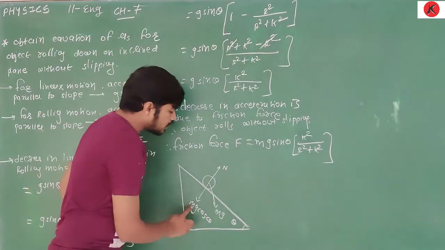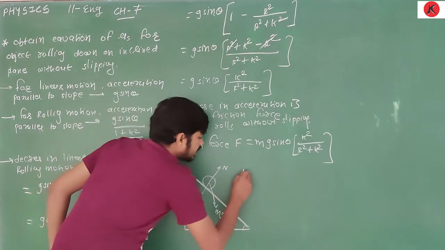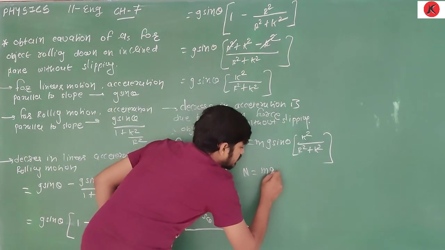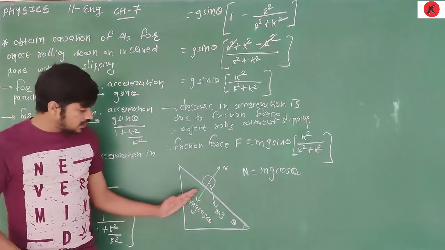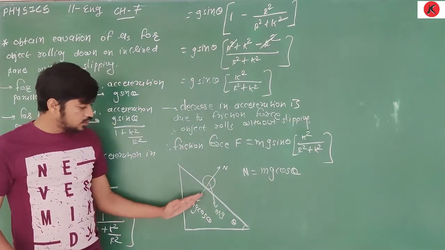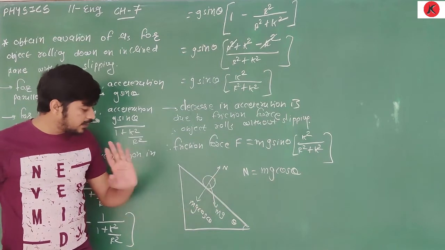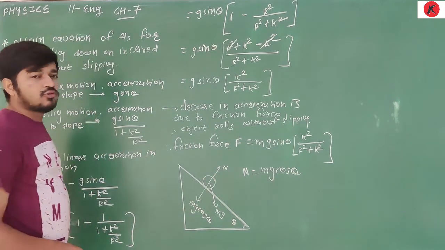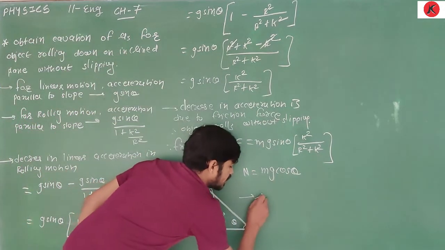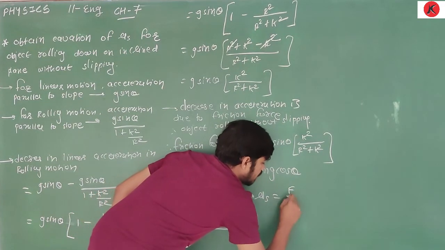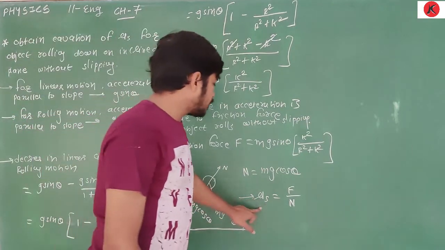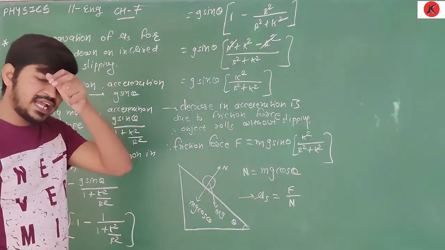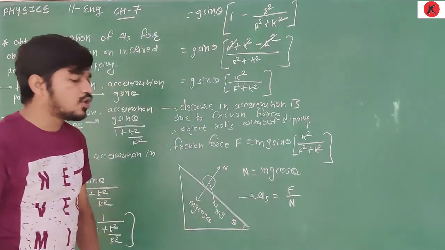So for perpendicular to slope, you can easily write N is equal to mg cos theta. Now we take the ratio because we know that mu s is equal to f upon N, remember from chapter number 5.